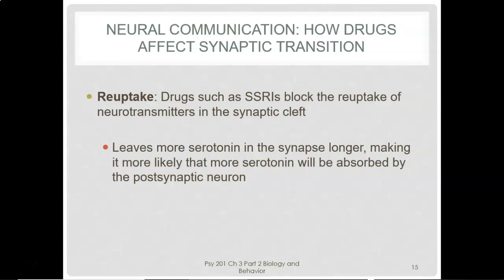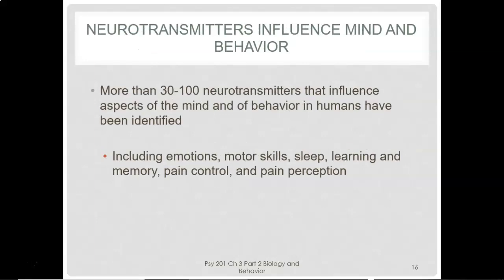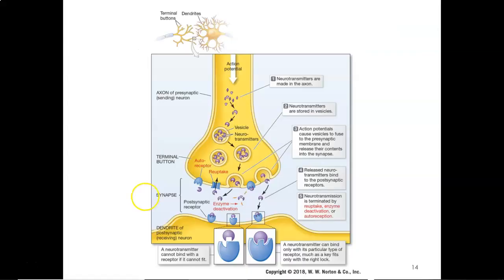Stay with me here. So, our SSRIs actually block reuptake. This is what helps speed up the brain when someone is depressed. The prefrontal cortex has become sluggish.